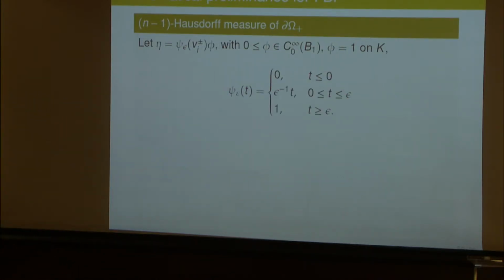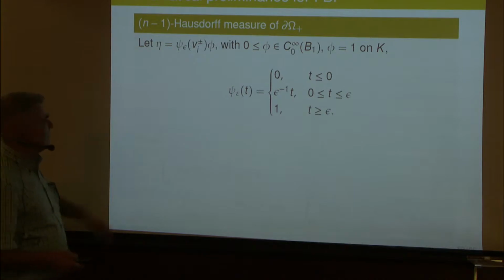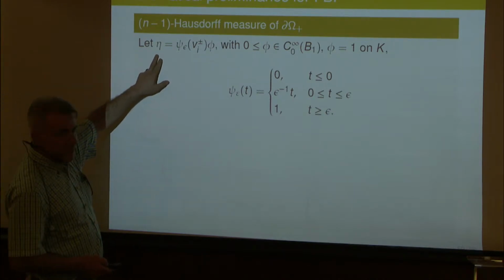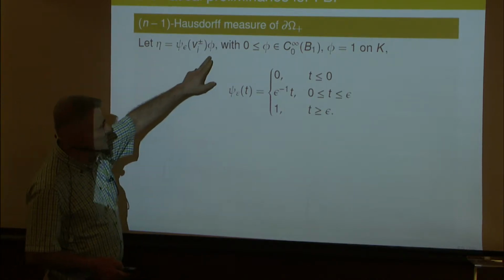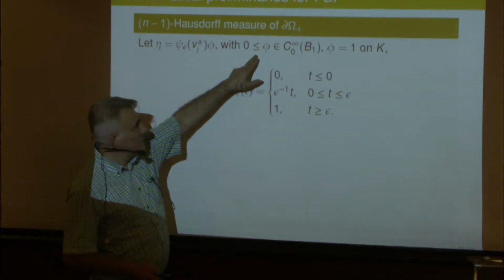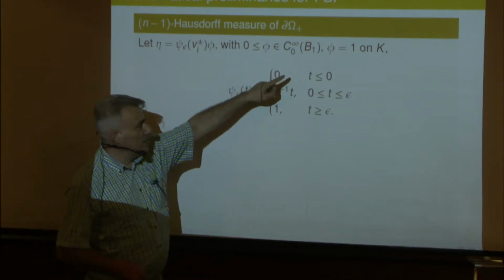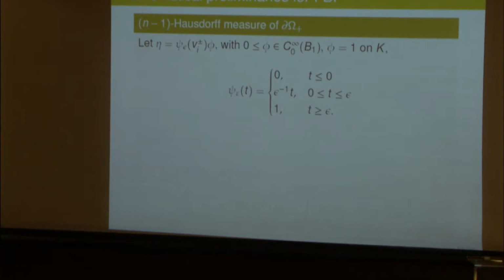Okay, now we need a device. You remember such a device we had at the beginning also. So take eta now to be a smooth function, compact support, and it's going to be 1 on this k, and I will let it go to 0 very fast.